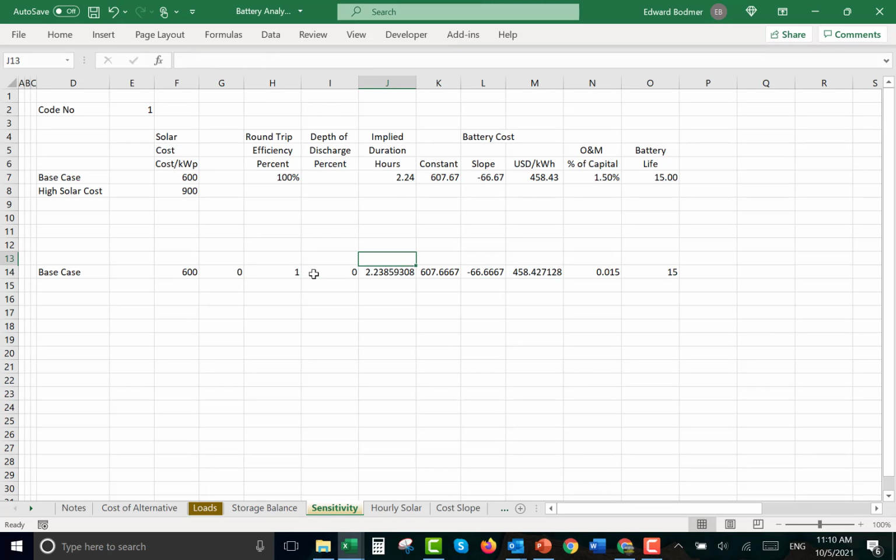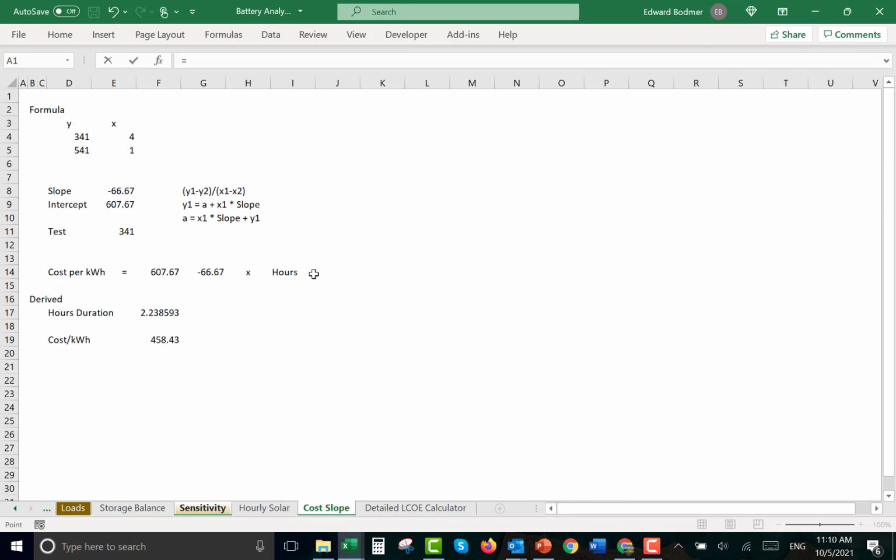variable. Now, instead of doing that, what we can do is put in a slope factor. And what I did here very quickly is just to say, here's the y, which is the cost, x is the duration. Let's do a slope and intercept and get a straight line.